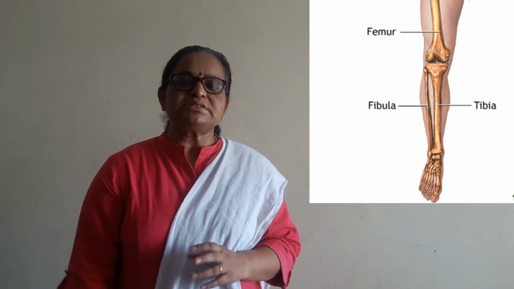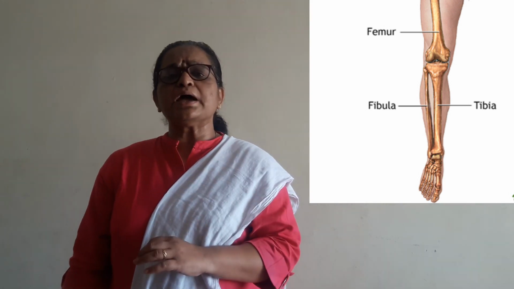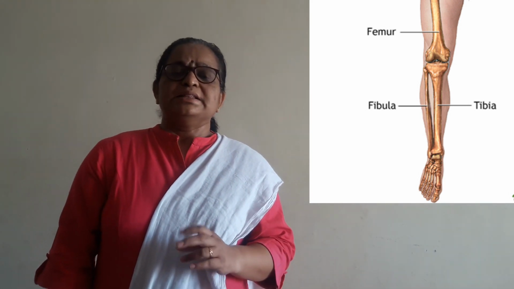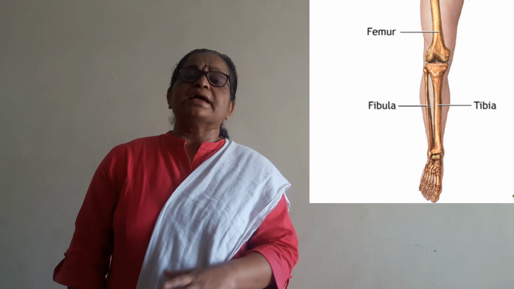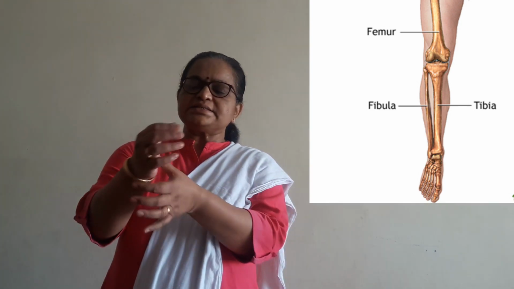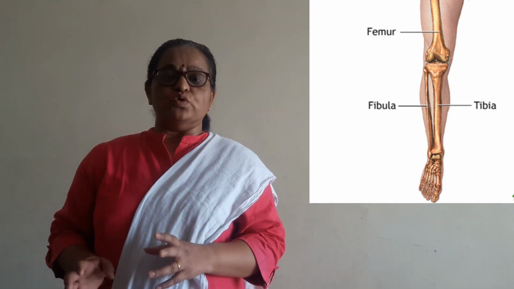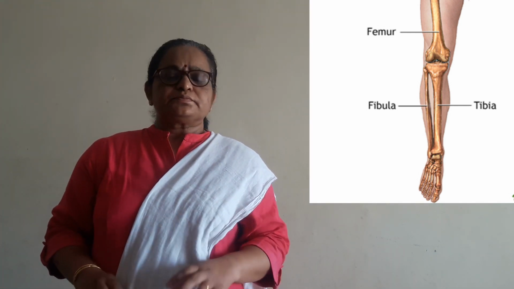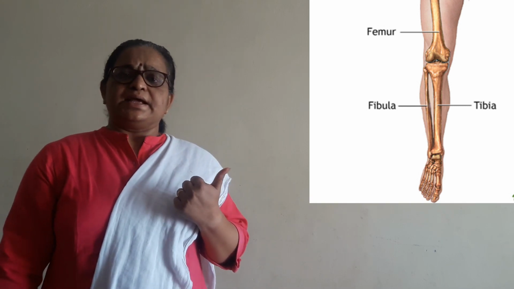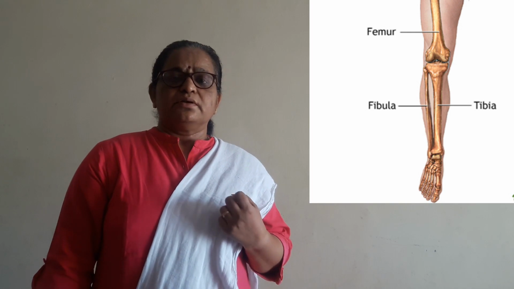Femur, and downside there are two bones, tibia and fibula. These are the two bones, and they connect to our feet at ankle. Yes, like wrist, in our legs there is an ankle. There are many bones. Are you able to understand the structure of our limbs?